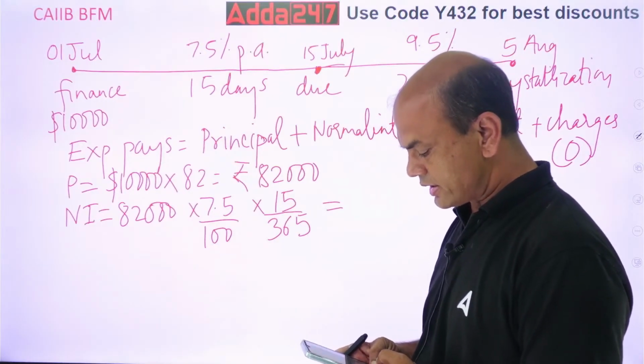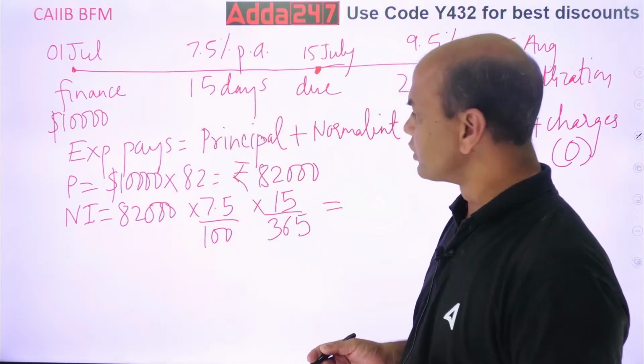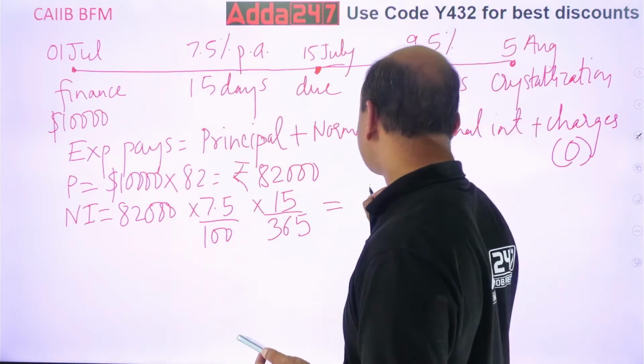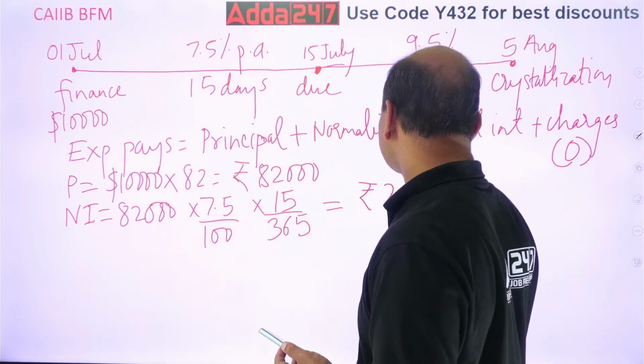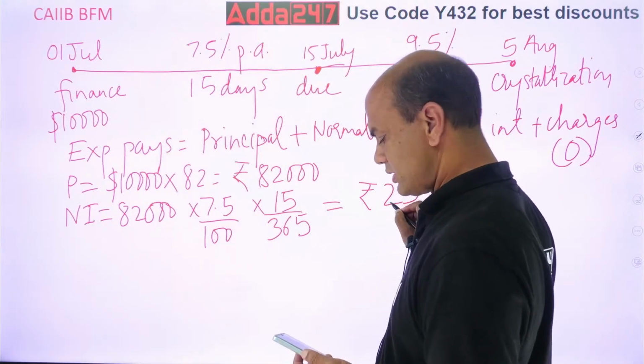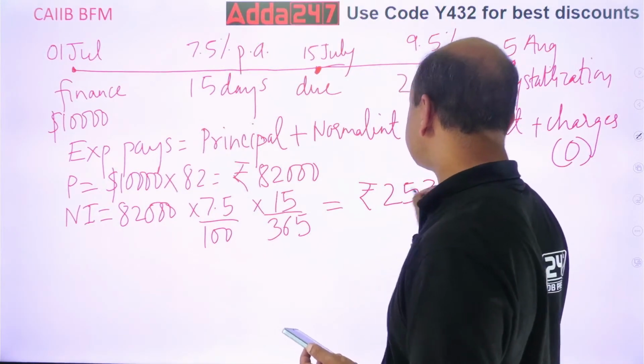You are getting 252 rupees, actually 252.7, so you can take it as 253.